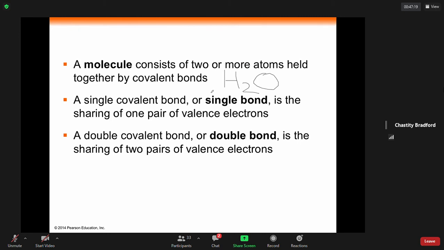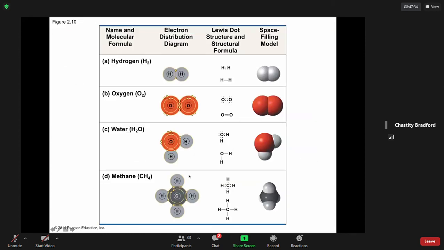Now, the bonds can be single bonds or they could be double bonds. If it's a single bond, you're sharing one pair of valence electrons. If it's a double bond, they're sharing two pairs of valence electrons. Single bond, double bond. Sharing one pair of valence electrons, sharing two.